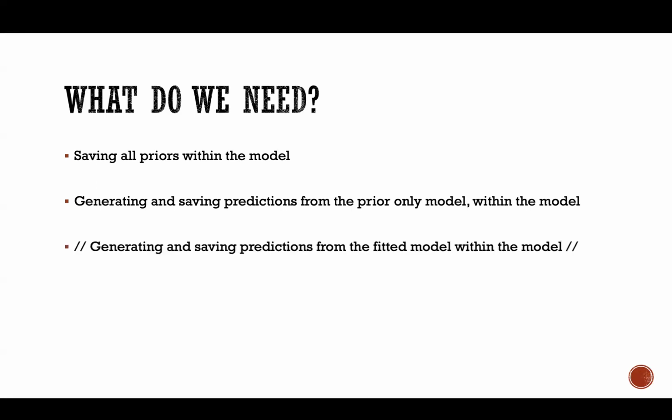While we're at that, I'm going to anticipate a step because it's going to be exactly the same code. We can also generate and save the predictions from the fitted model within the Stan code, within the Stan model.